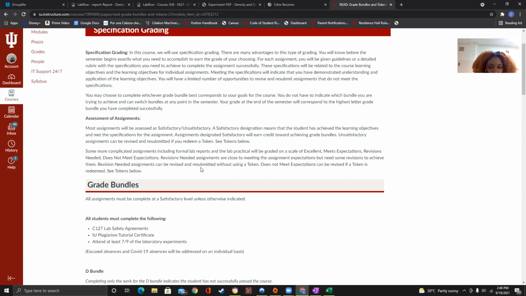Okay, so on my understanding of it, let's read through this grading thing together, shall we? For each assignment, you'll be given guidelines or a detailed rubric with the specifications needed to complete the assignment successfully. These specifications will be related to the course learning objectives, and the learning objectives for individual assignments. Meeting the specifications will indicate that you have demonstrated understanding and application of learning objectives.